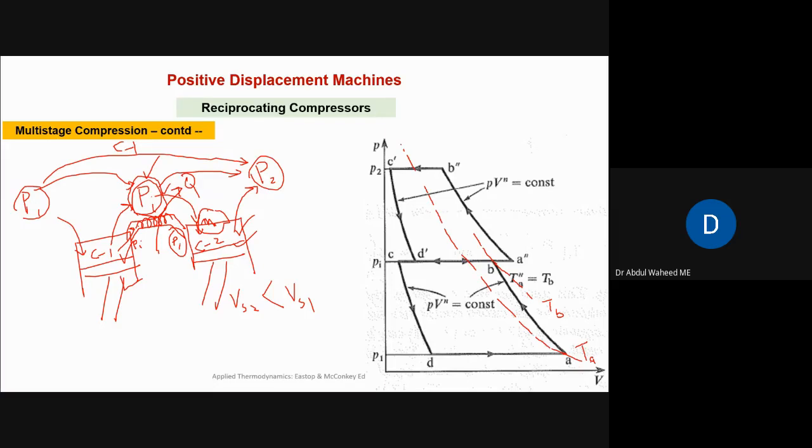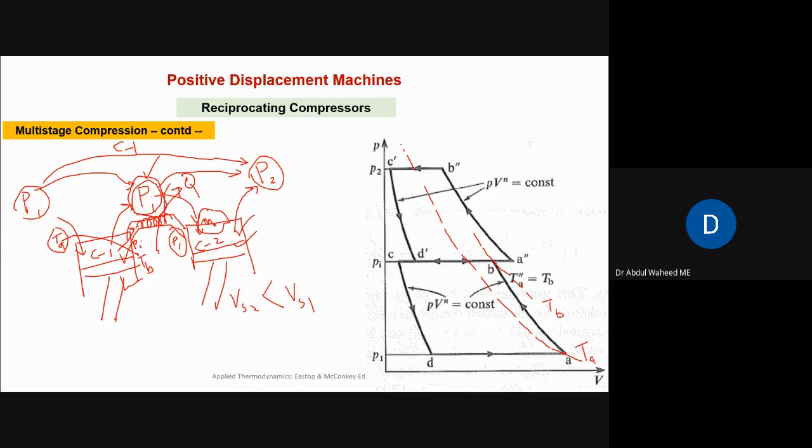Right. Okay. Now it is leaving the first stage compressor at temperature TB. Inlet temperature कितना था? TA. This temperature is increased to TB. Now there is a cooling process. So let's assume कि यहाँ cooling इतनी हो रही कि its temperature again comes back to TA.